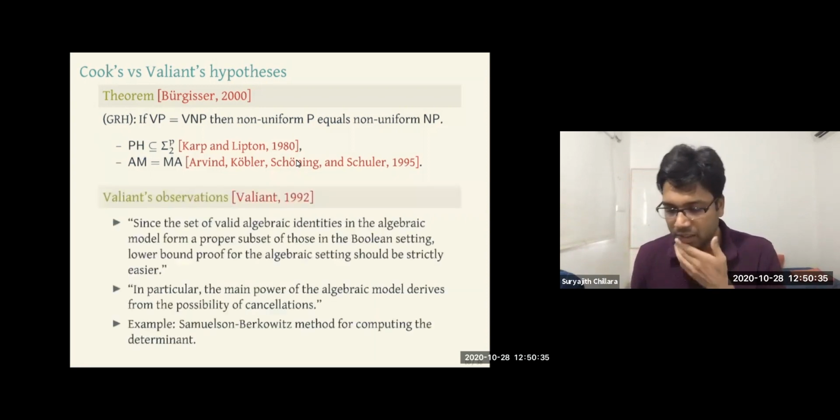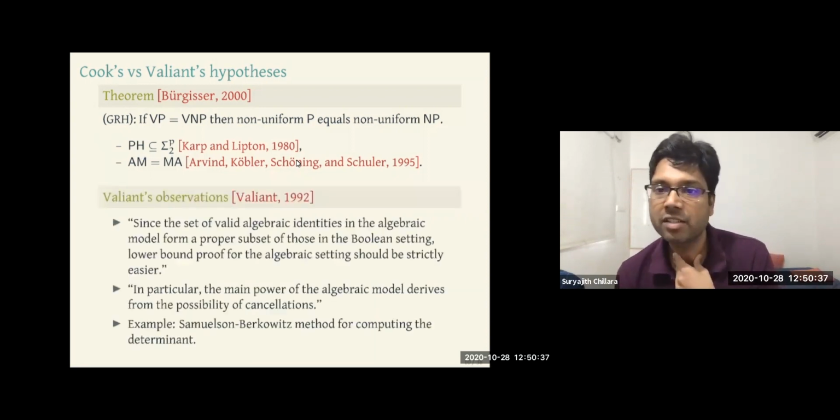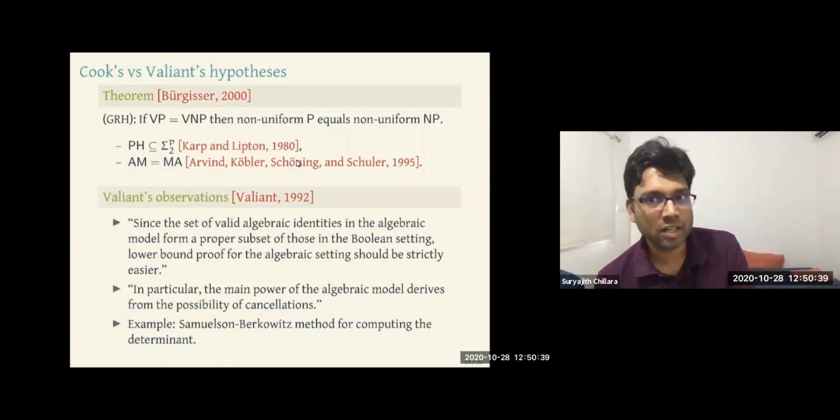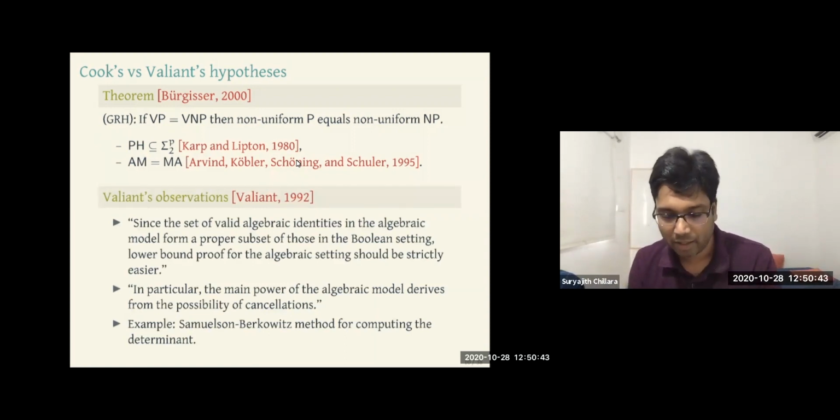Further, Valiant made the following observations in his paper titled "Why is Boolean complexity so difficult?" He argues that if you look at the algebraic model and the Boolean model, the set of valid algebraic identities in the algebraic model form a proper subset of those in the Boolean setting. I'll give you an example.